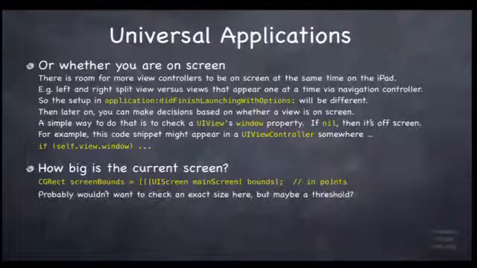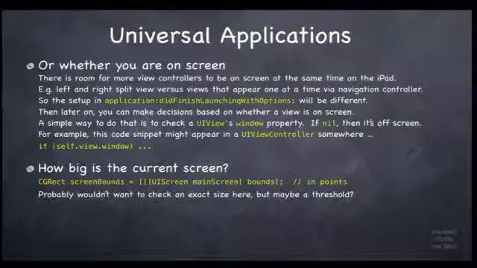Another conditional, pretty rare maybe: how big is my current screen? If I'm on a big screen with a lot of pixels, maybe I do something a little different than if I'm on a small screen. Here, you would probably want to find out your screen size in points, not pixels, because an iPhone 4 actually has more pixels on screen than an iPad does.